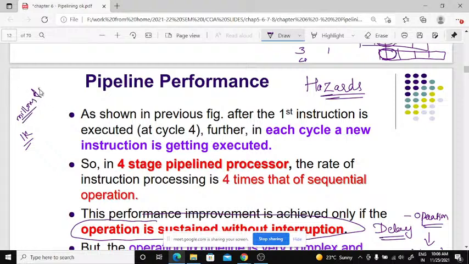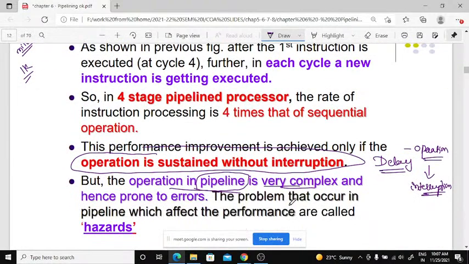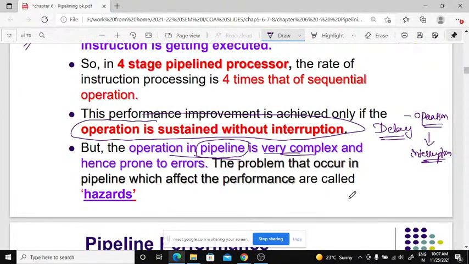That's why pipelining is a very complex process. The execution of instructions or operations in the pipeline is very complex and hence prone to errors.